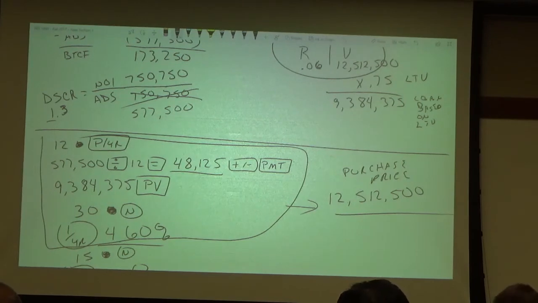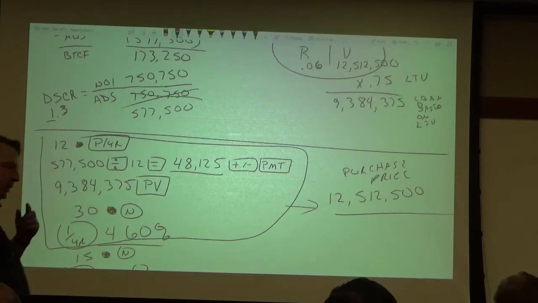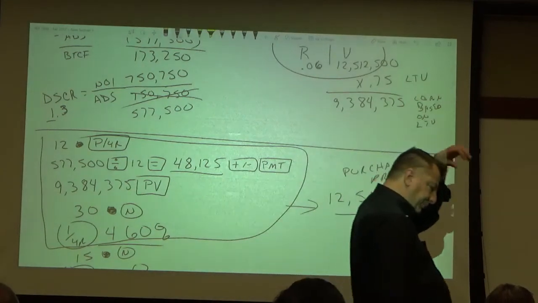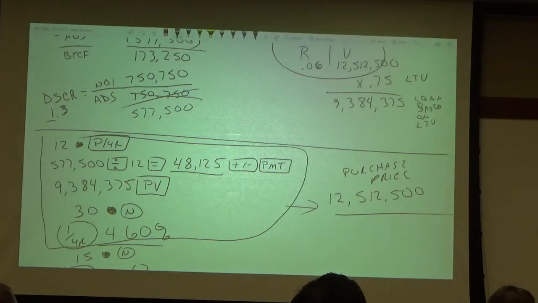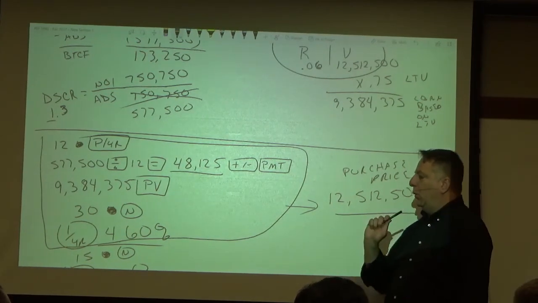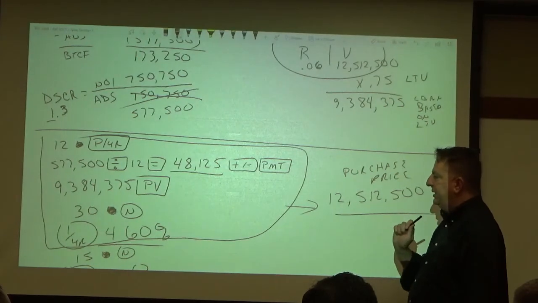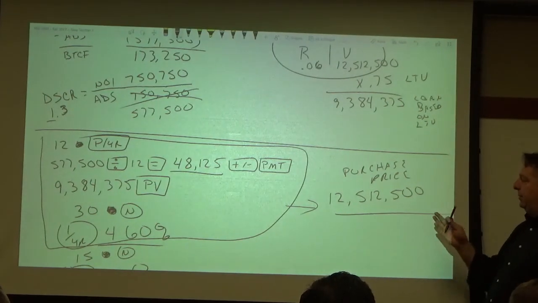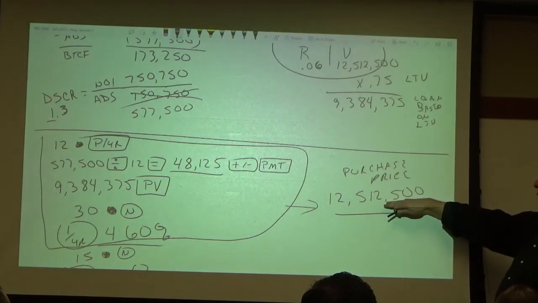Is everybody cool with that? Now, my point is, under those constraints, that's the most that we could pay for the property. Everybody cool with that? Yes or no? Now, what if we were able to get a lower purchase price?